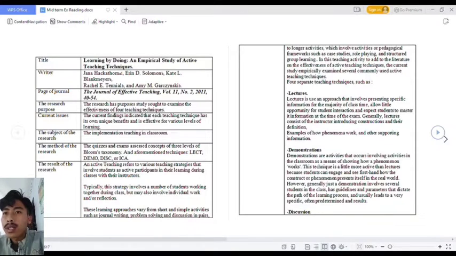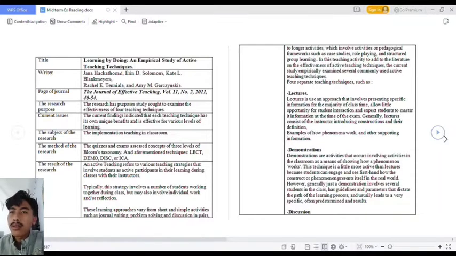The subject of the research is the implementation of teaching in the classroom. The method of the research: quizzes and exams assessed concepts at three levels of Bloom's taxonomy, for the main techniques: lecture, demonstration, discussion, and in-class activity.